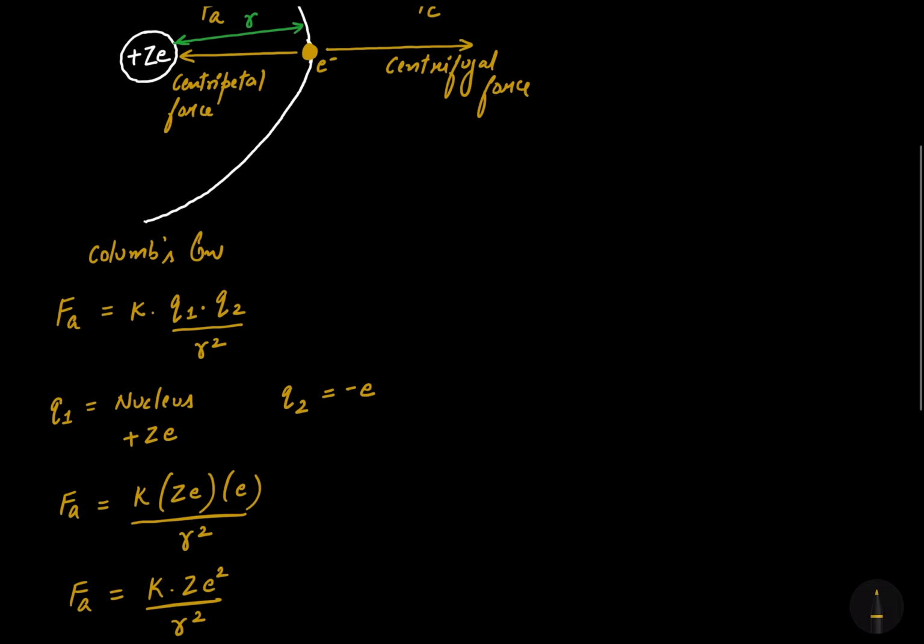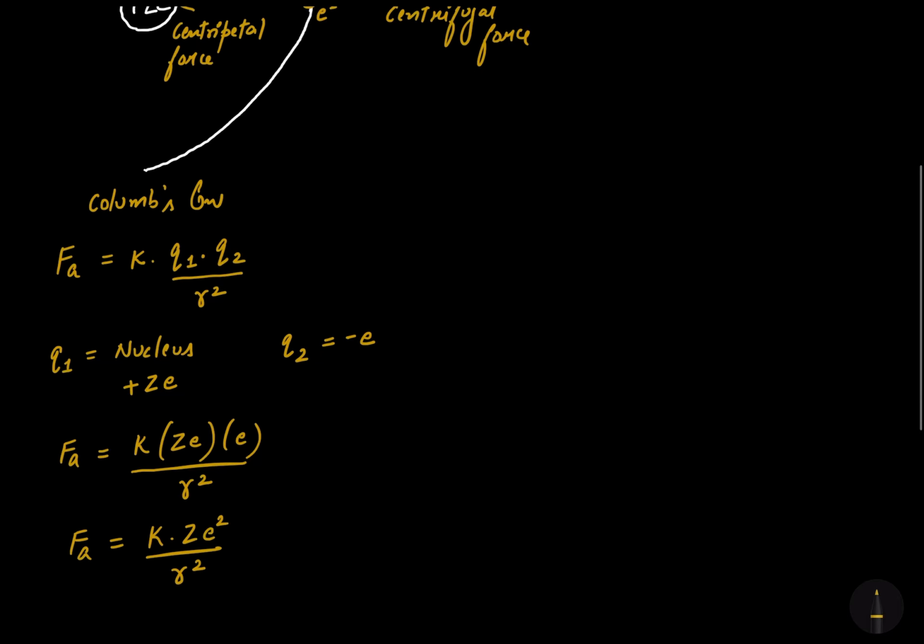Now let's talk about the centrifugal force. The centrifugal force has the formula of m v square divided by small r. What's m over here? It's the mass of the electron. What's v over here?